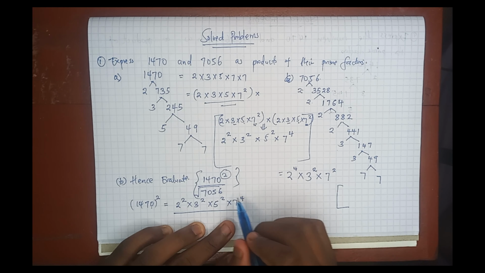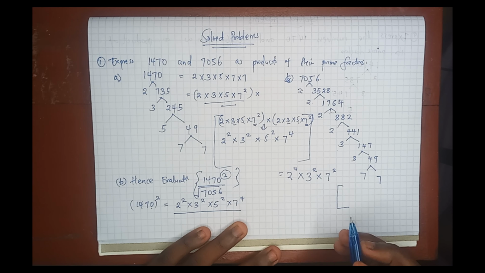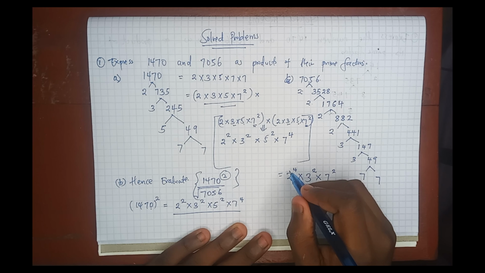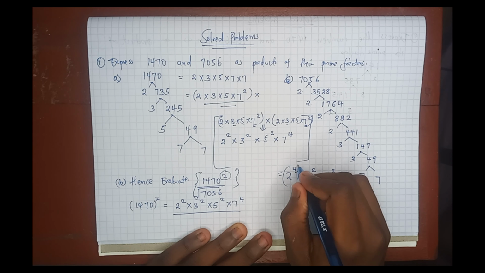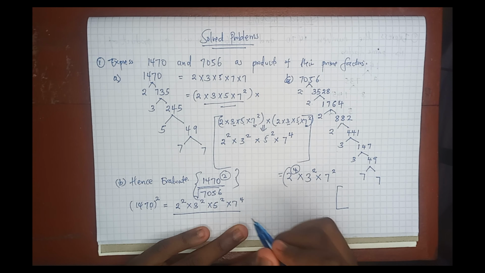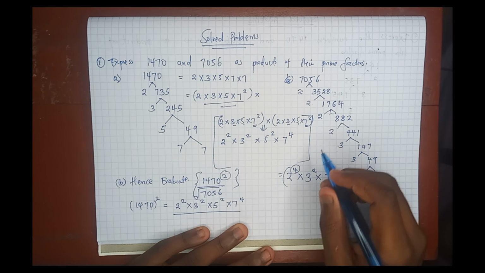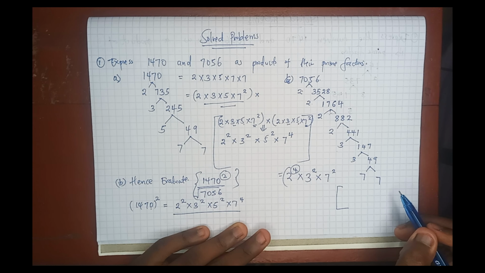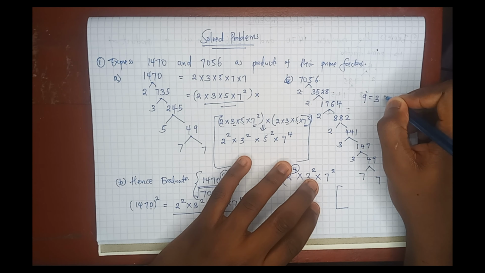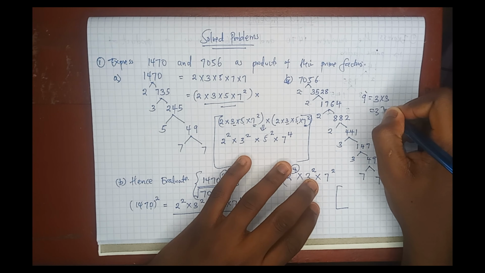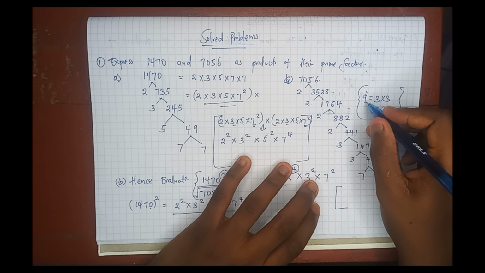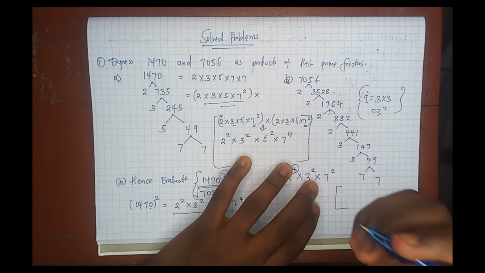So 7056 square root means that if the index is divisible by 2 and I want the square root, what you do is just cut the number by half. So for example, if 9 is equal to 3 times 3, which is equal to 3 squared, in rough work, and you want the square root of 9, you all know that the square root of 9 is 3.